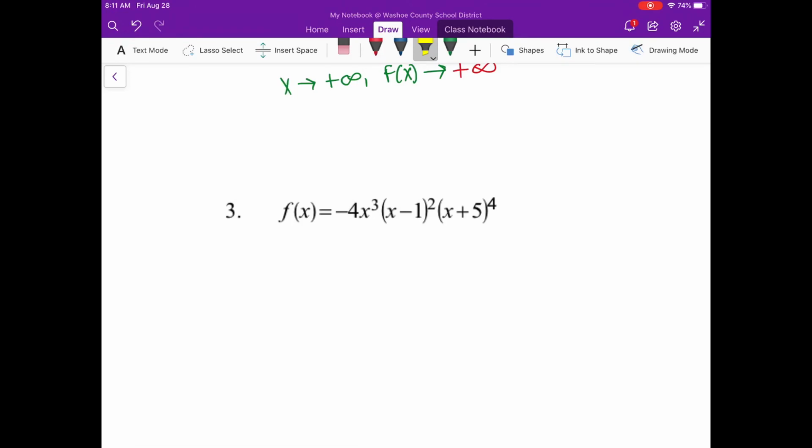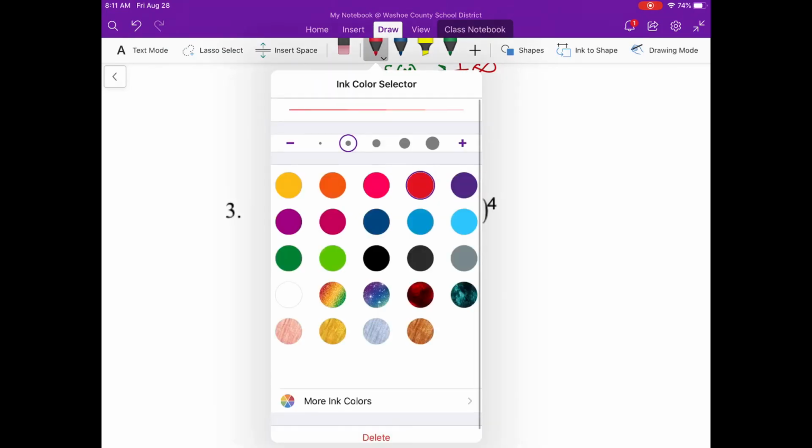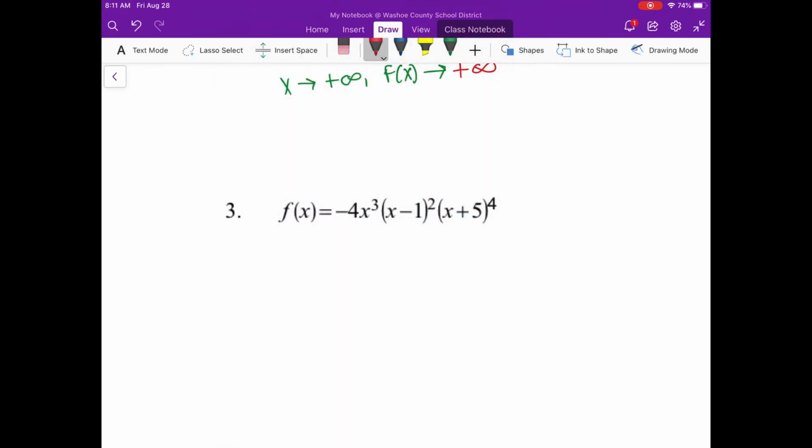What's going on over here is I have 3 different terms. So I have this, this, and this. But they're not separated by a plus or a minus. So really what's happening is that they're being multiplied. And when you multiply exponents, they get bigger and bigger and bigger, okay?